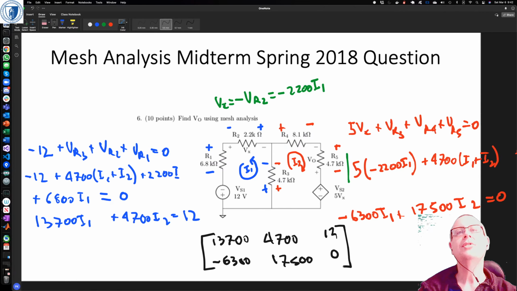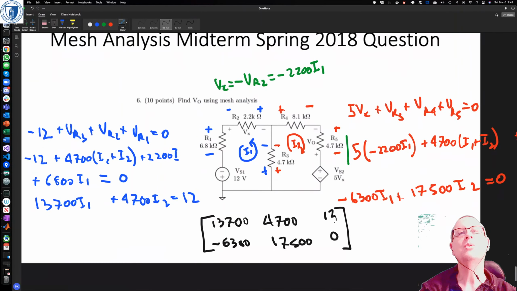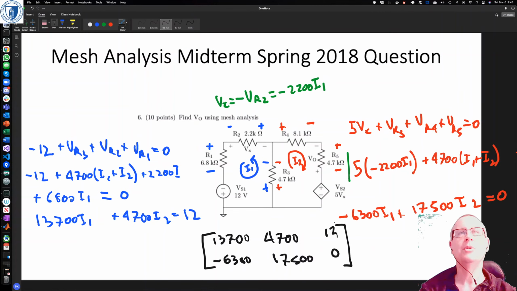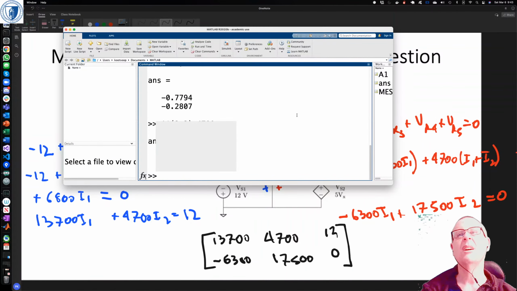Okay, let's just check that against this one. Looks exactly the same, except the 12 is negated. And what that's going to do is probably change the polarities of our currents.